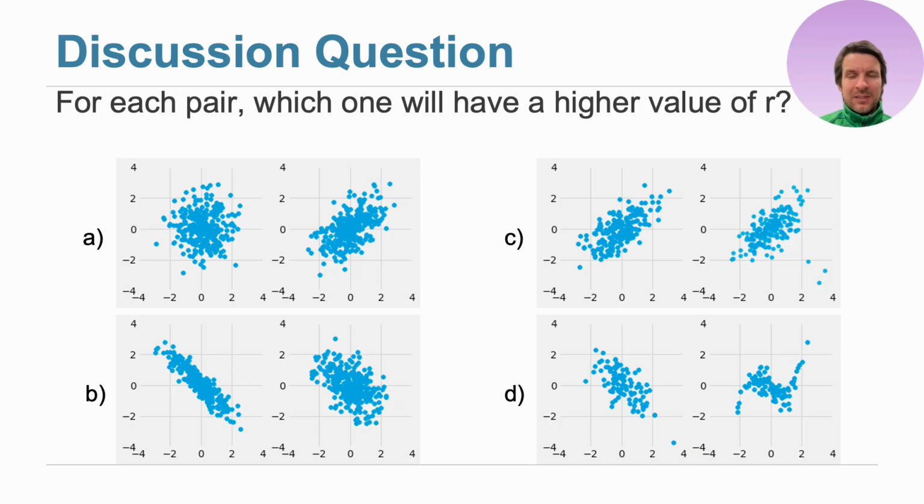And similar for D, it looks like the line may be going down, but there are outliers that may ruin the number. Right? So D is perhaps negative, C is perhaps positive, but which one of them is closer to 1 in absolute value, one would have to actually calculate it.